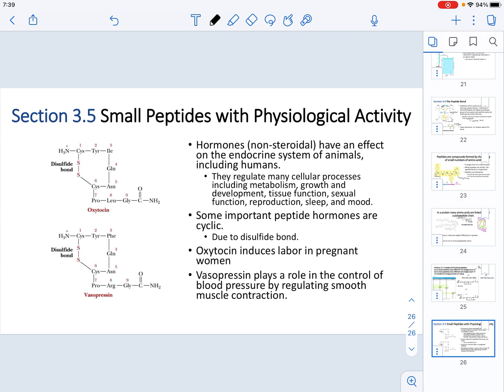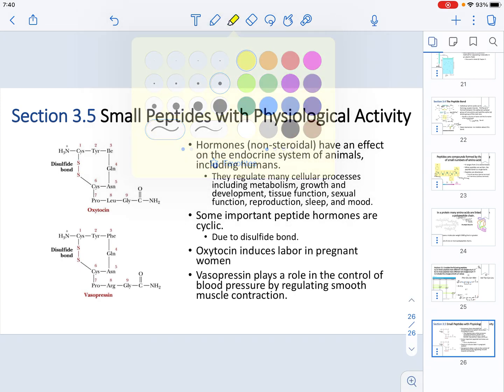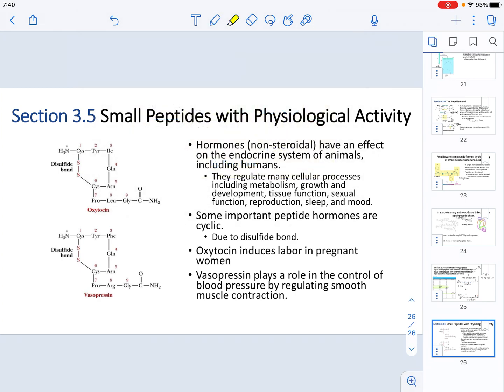When we look at the structures of these two small peptides, they're actually pretty similar. So looking at all the different amino acid residues there, if we pinpoint what the differences are between them, at amino acid number 3, as you can see, in oxytocin we have an isoleucine, while in vasopressin we have a phenylalanine.